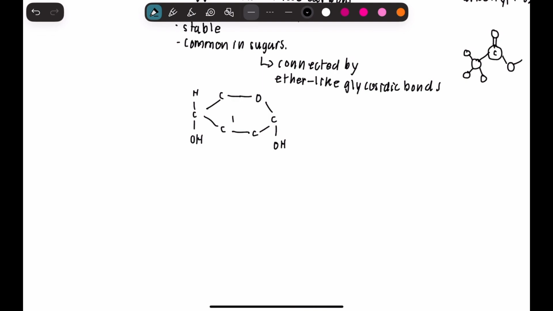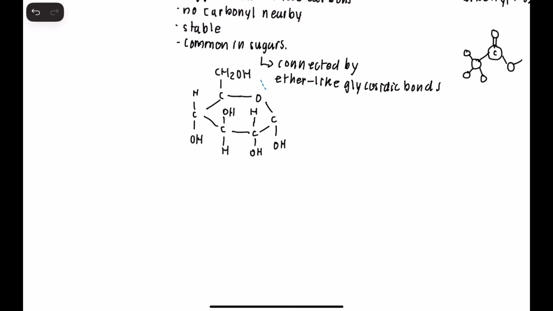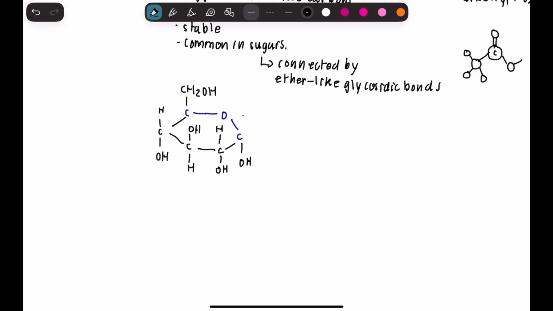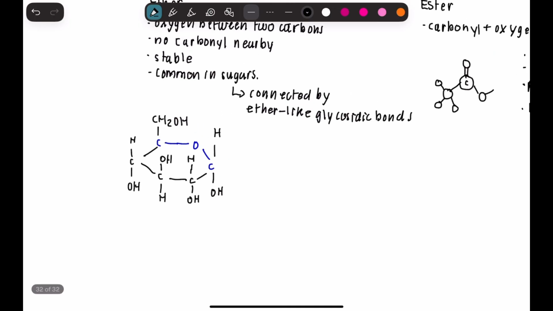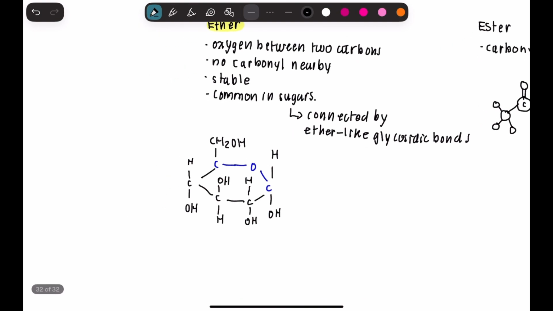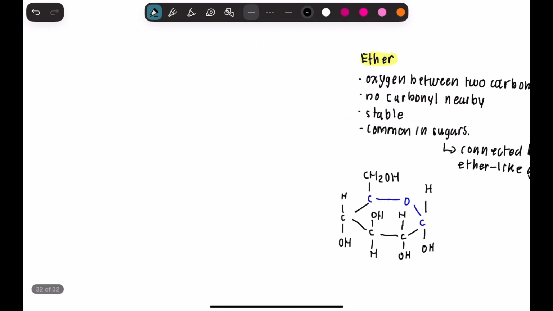You have OH attached here, you have an H here, you have an H here, you have an OH here, you have a CH2OH there, right? So this is going to be your COC right here, and an H up here. That's your ether group right there.